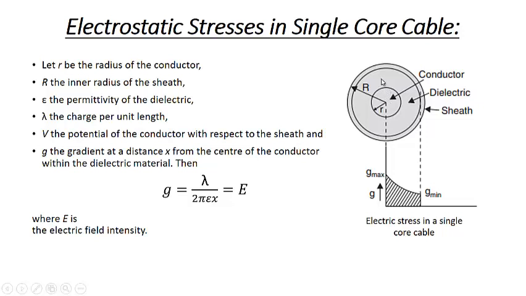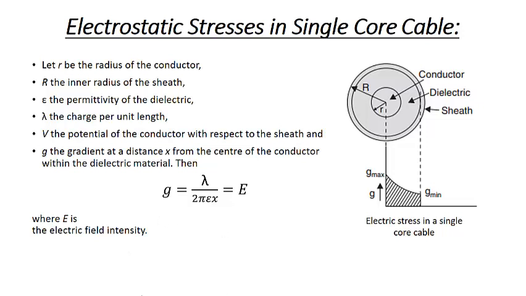That is, from r to any point at a distance x from the center, where x is greater than r and less than R, g can be given by lambda divided by 2 pi epsilon x, which is also equal to E, the electric field. We have already calculated this in corona, where we discussed the corona loss and the critical disruptive voltage.